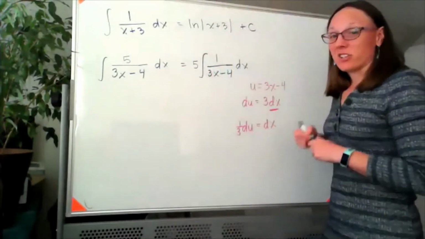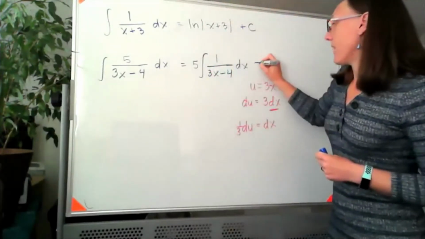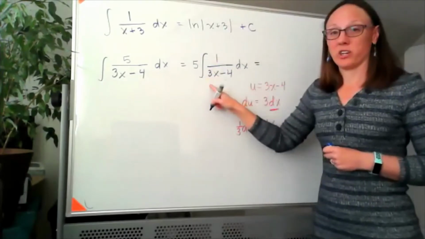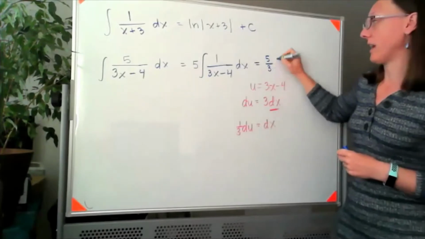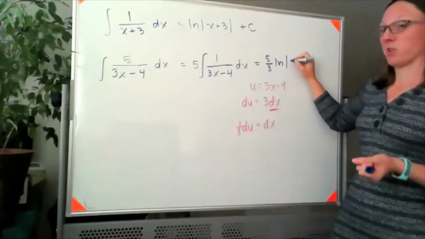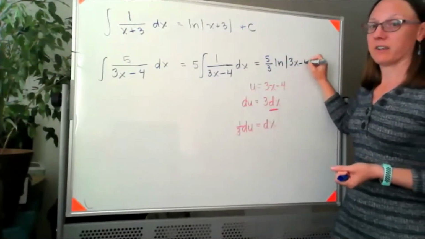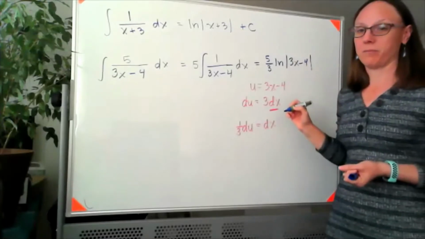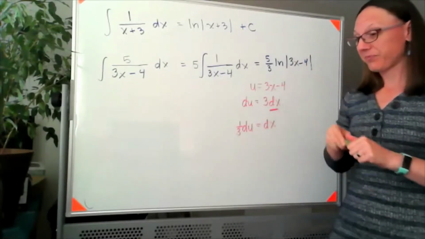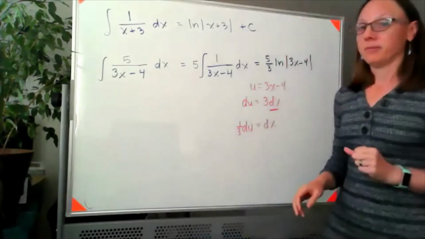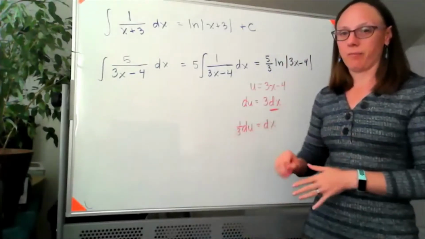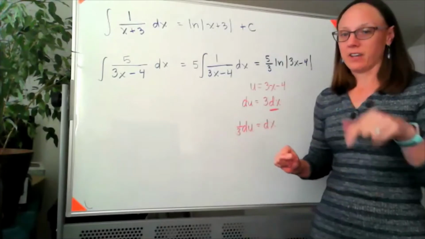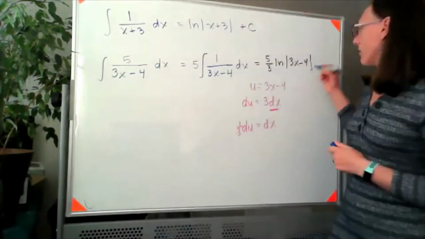So rather than actually doing the u substitution, I'm going to jump to the thrilling conclusion here that I'm going to end up with 5 over 3 natural log absolute value of 3x minus 4, plus C. Does anyone want one more example like this, or can we move on? Yes, let's get all of our points.